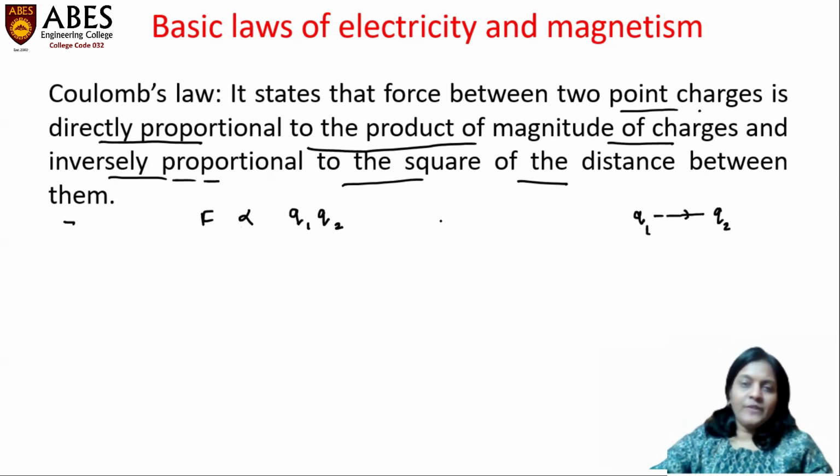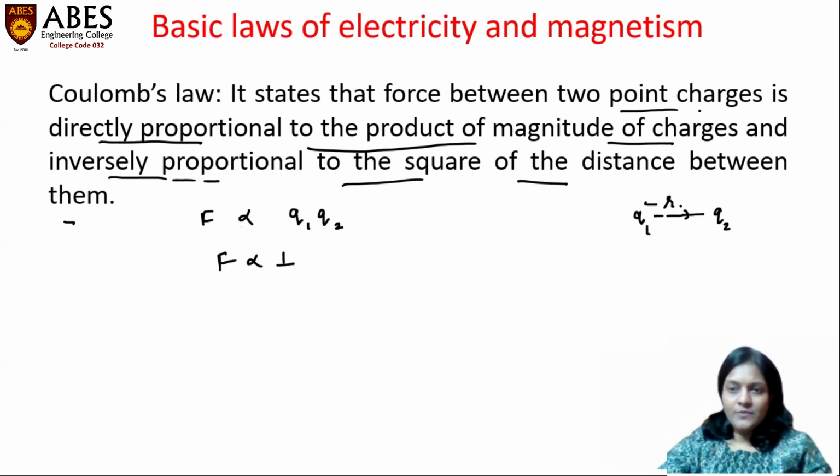So the force between them is proportional to Q1 Q2, and if the distance between them is R, the force is inversely proportional to the distance squared. So force becomes Q1 Q2 upon R square.